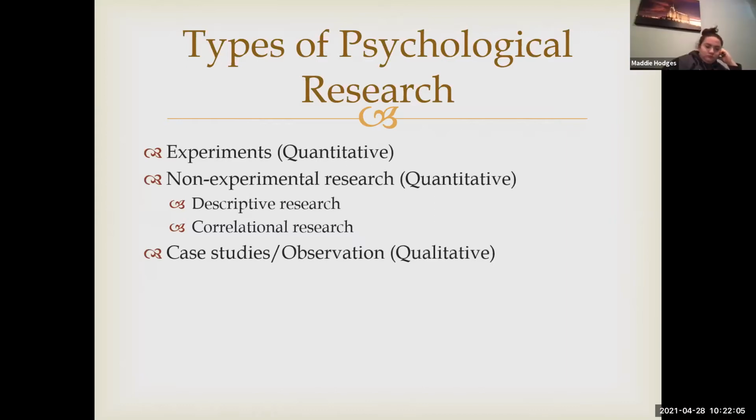Now, when we talk about correlational research, what we're attempting to do here is describe a relationship, not a cause-effect relationship, because we don't establish cause-effect relationships with correlation, but we are trying to see if there is a relationship. So for example, there's a correlation actually between the number of churches in a city and the number of murders committed in that city.